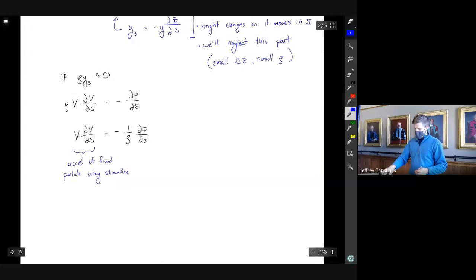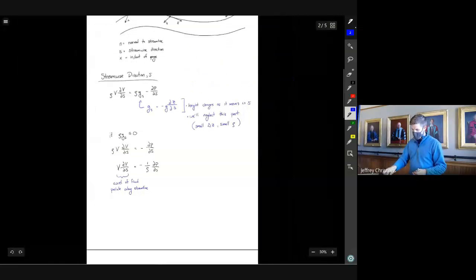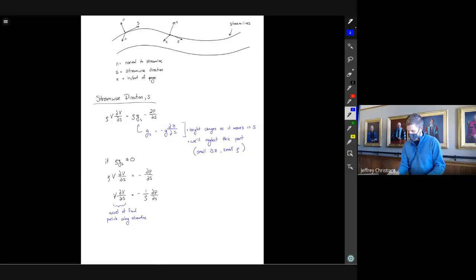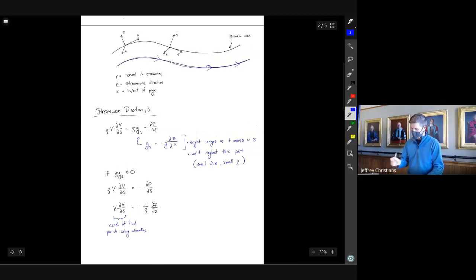If we zoom out a little bit so you can still read that, our fluid particle is moving along the streamline, say, in this direction. It's potentially speeding up and slowing down. By definition it's staying along that line, but it could be speeding up or slowing down. Why is it going to speed up or slow down?